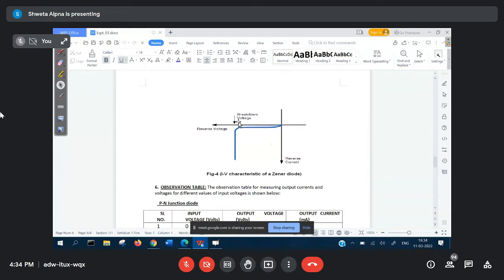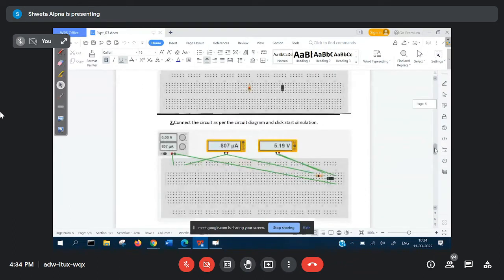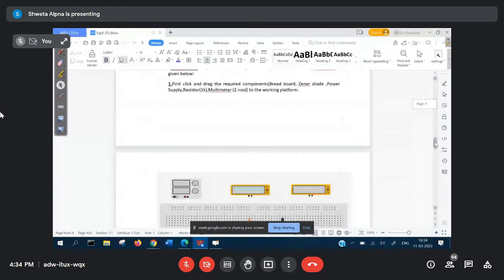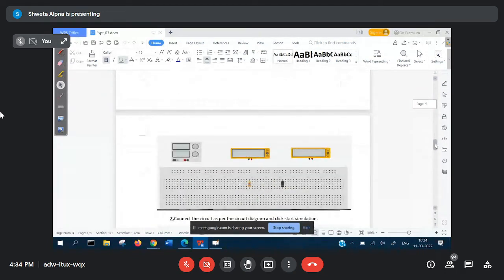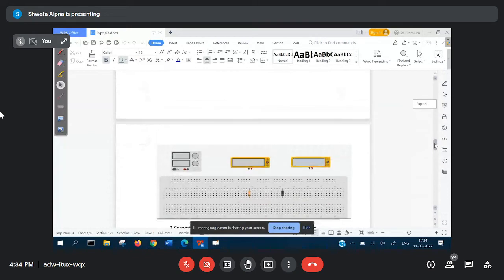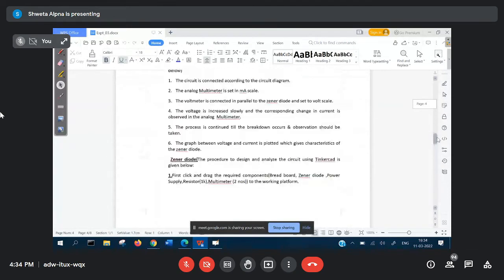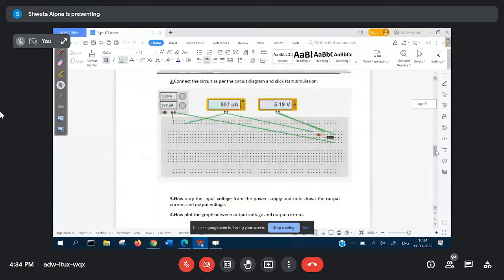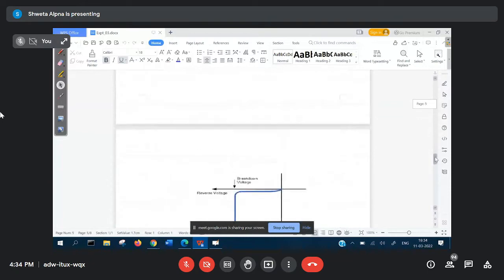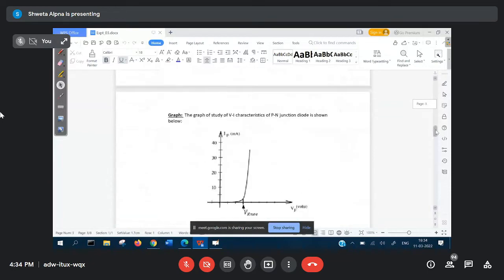How it happens, you will study in theory. The breakdown voltage across the Zener diode remains constant even if the input voltage or the load current is changing.